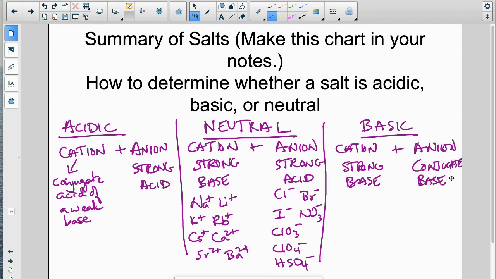The conjugate of a weak acid is going to be a weak base and go into hydrolysis with water. All right, so that's our basic summary, and we need to make sure we know what the strong acids are and what the strong bases are, in order to be able to identify these salts.